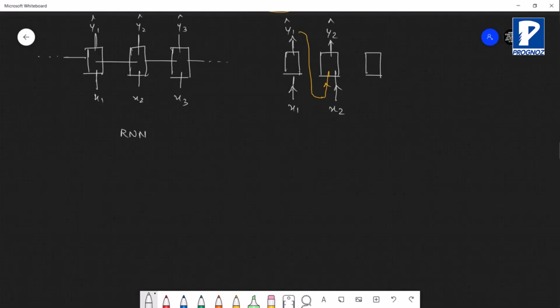So y2 hat is the output you get when you pass y1 hat as well as x2. Similarly, y2 hat will be transferred here, and x3 had to go as well, and the output you get is y3 hat. These are connected in the same way. So this is bidirectional.